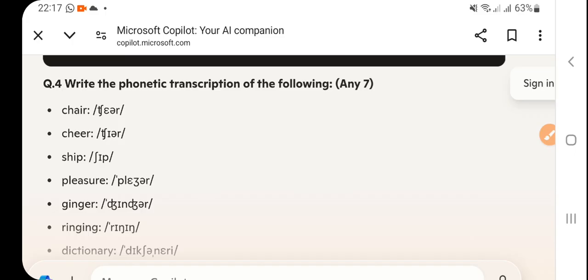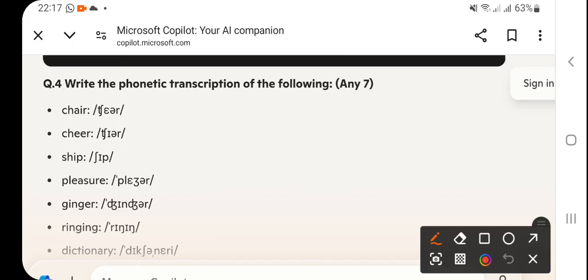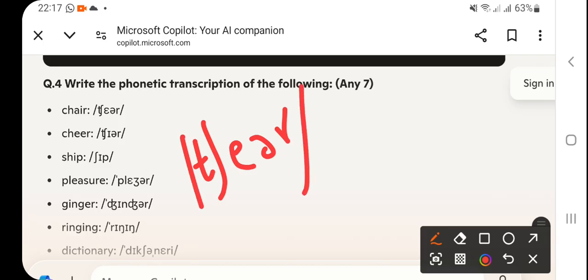Now phonetic transcription. That's chair, right? It can be written this way. Then cheer, right? Here cheer. Then ship. Then pleasure, right?